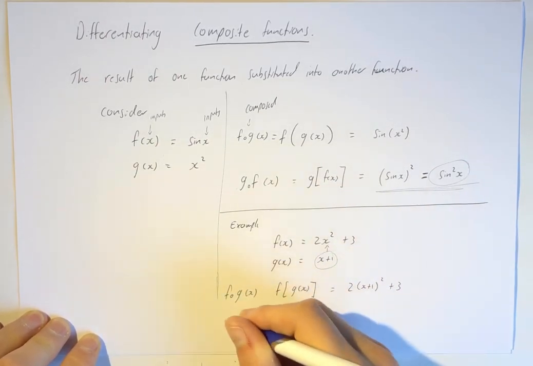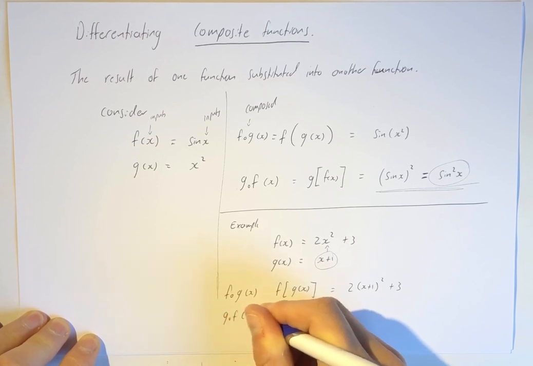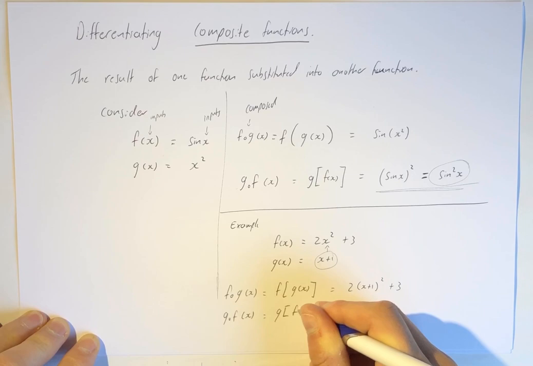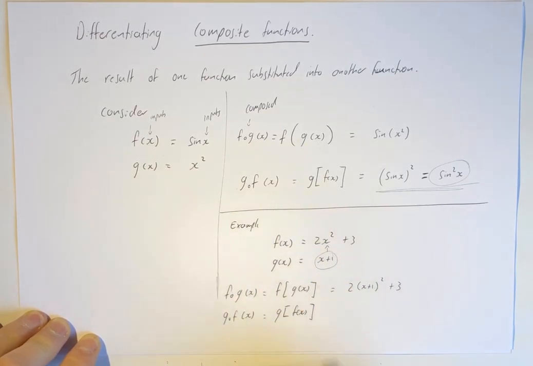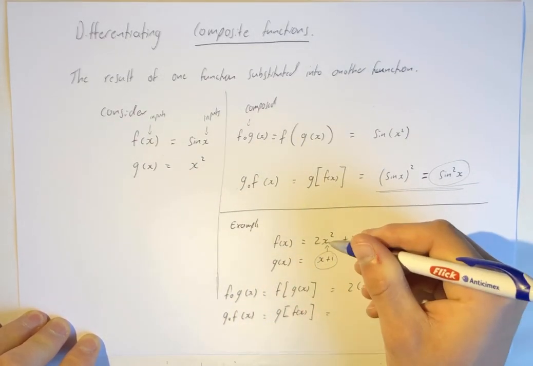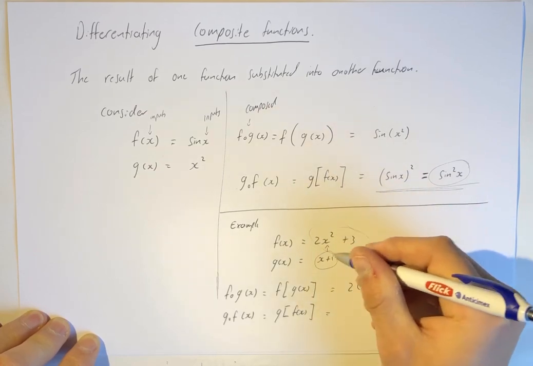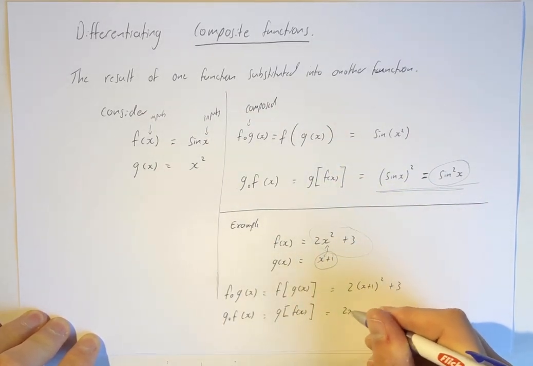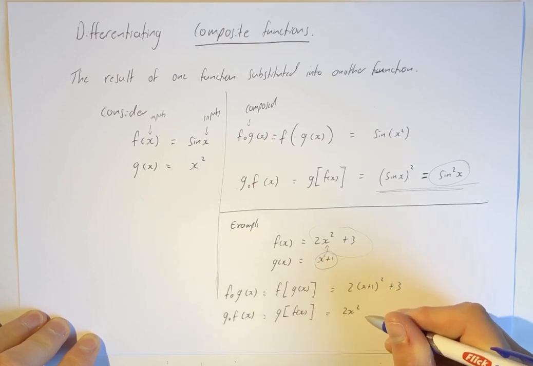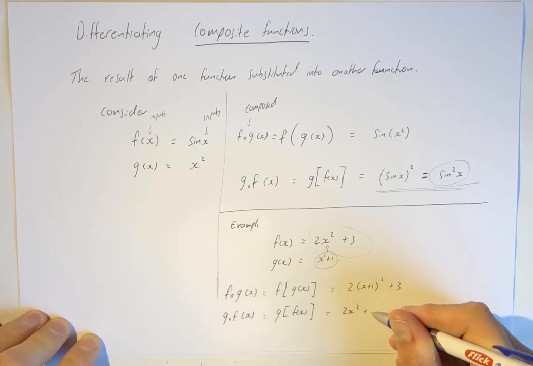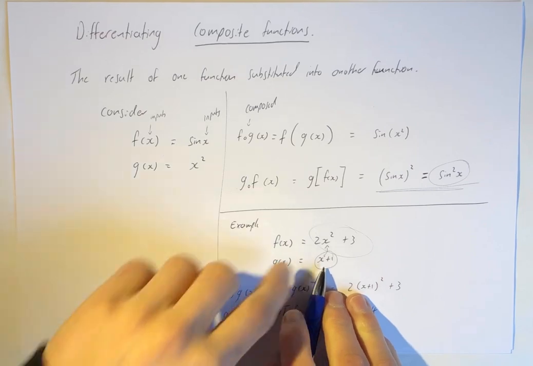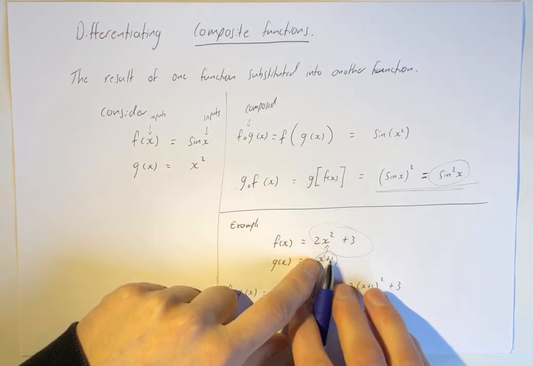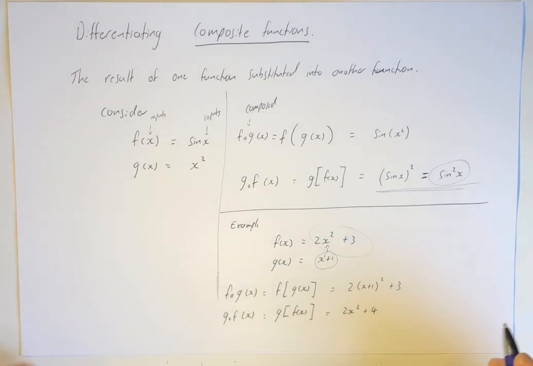And if around the other way, g composed of f of x, which is g f of x, then we're just taking all of this and we put it in for this x variable. So it's actually just going to be 2x squared plus 4, because this x becomes this entire thing, so 2x squared plus 3, and we're just adding a 1. So it's really that easy.